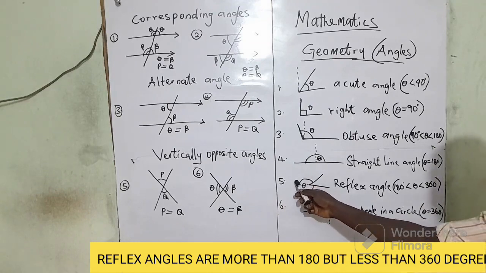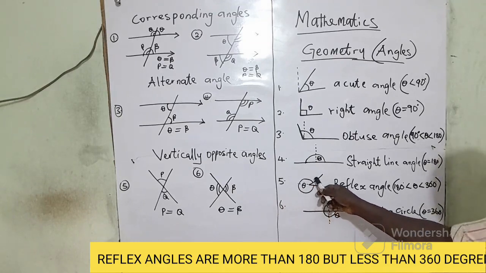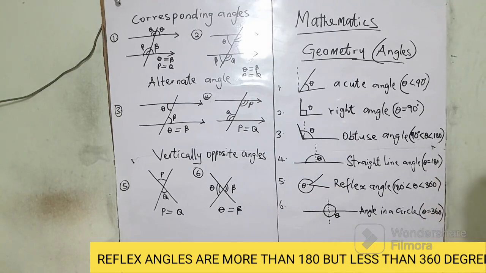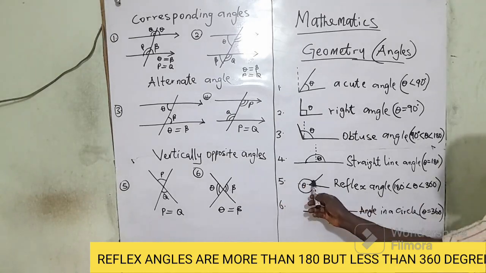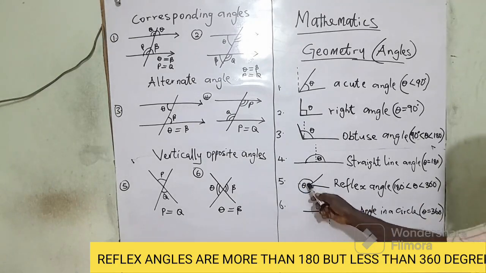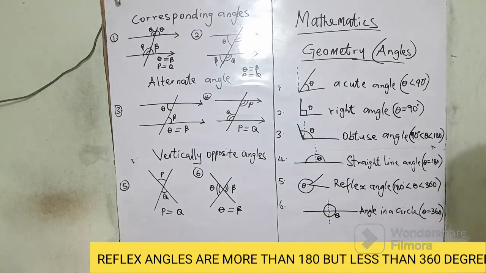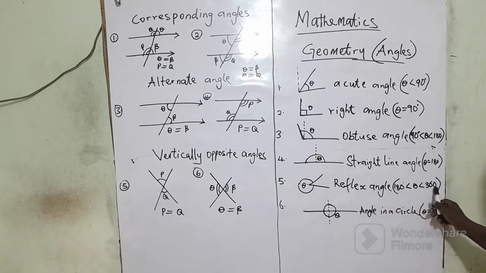But the angle stretches more than 180 degrees, though it is not round like a circle. Such an angle is referred to as a reflex angle. It stretches more than the straight line angle, but not up to a circle. We call that what? A reflex angle. That means theta here is more than 180, but not up to 360.